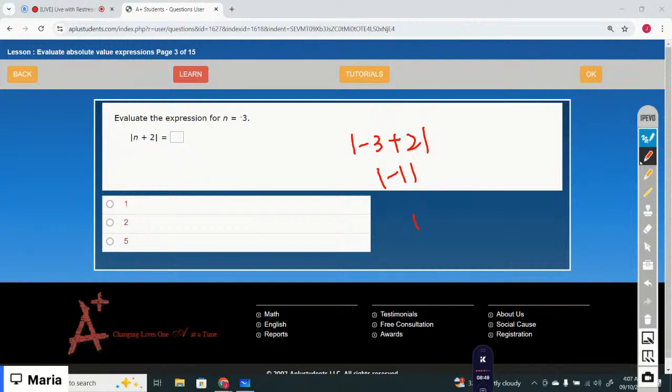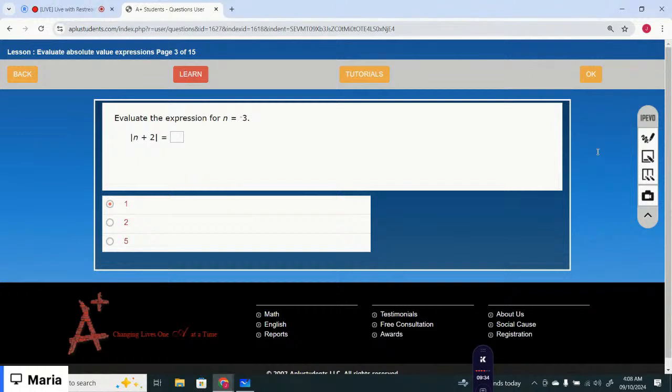The correct option is option number 1. The correct option is 1, not 5. Did you get it? Option number 1 is the correct option.